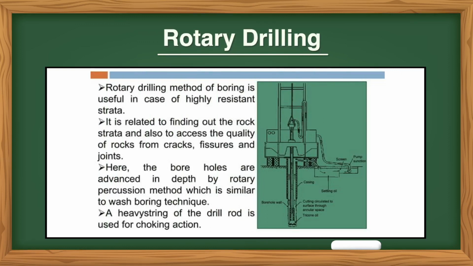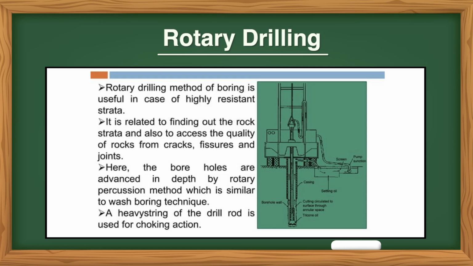It is related to finding out the rock strata and also to assess the quality of rock from cracks, fissures and joints. Here the boreholes are advanced in depth by the rotary percussive method, which is similar to wash boring techniques.